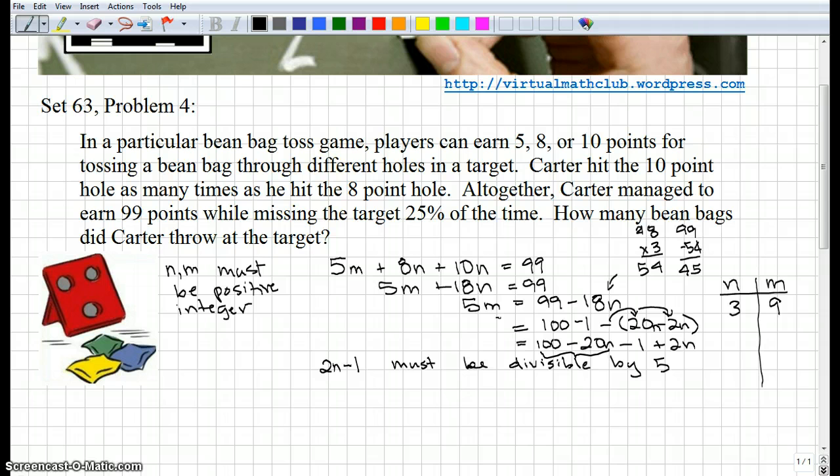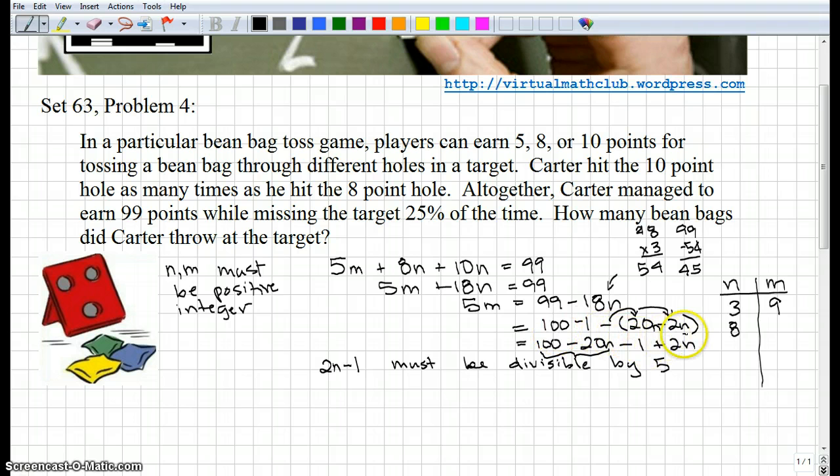Okay? So let's see, are there any other values that would work? So there's a lot of them. Let's test the next one, which would be 8. Because 8 times 2 is 16 minus 1 is 15, which is divisible by 5. So that would be our next thing to check.